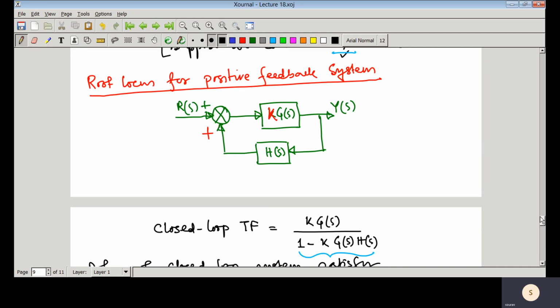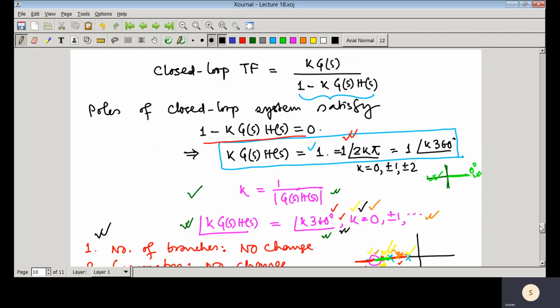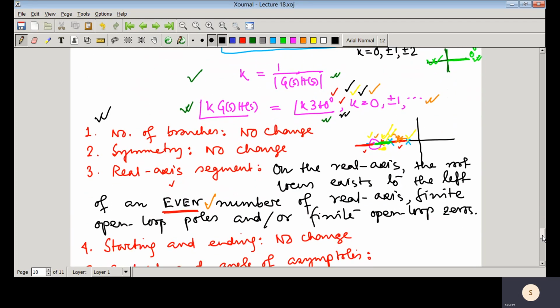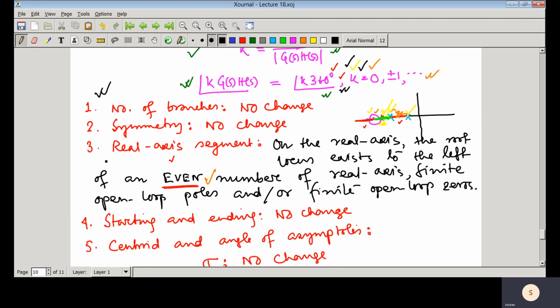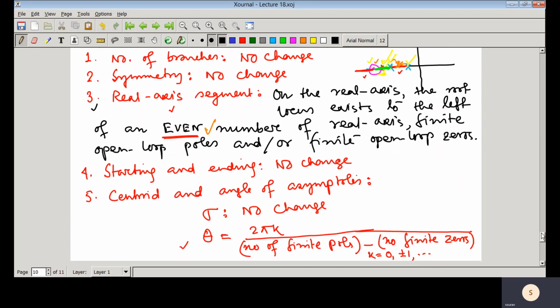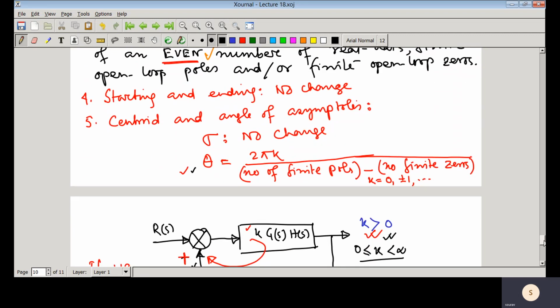And this is the root locus for a positive feedback system. There would be a change related only to the angle condition, and associated with that angle condition are rule 3, the real axis segment, and finding the centroid, as well as the angle of arrival and angle of departure. So you only need to change the angle condition and you can easily draw the root locus.